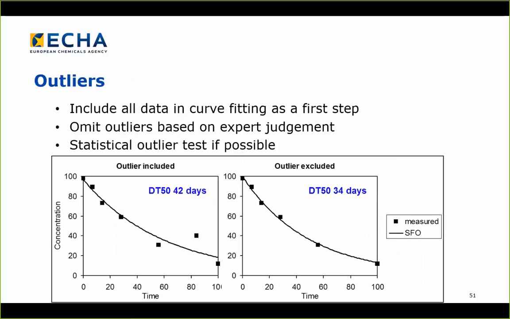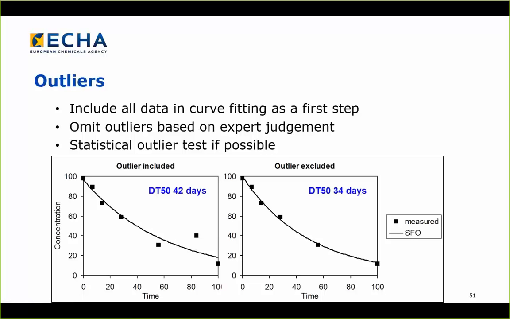Also, you can get outliers. Sometimes it's really easy to identify outliers. Maybe at a certain time point you might get 200% of your applied radioactivity, and it's quite clear something's gone wrong within the sampling. But more commonly, you may get a decline phase where perhaps you've got a slight increase at one of the time points.